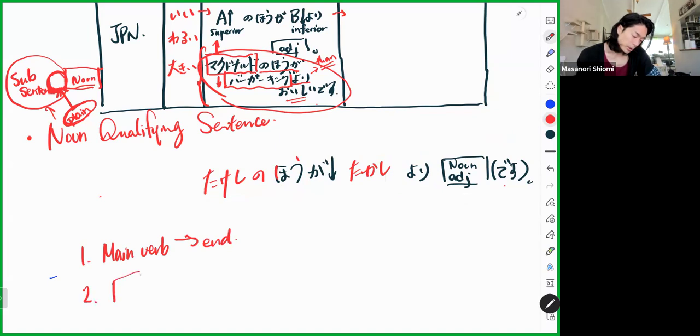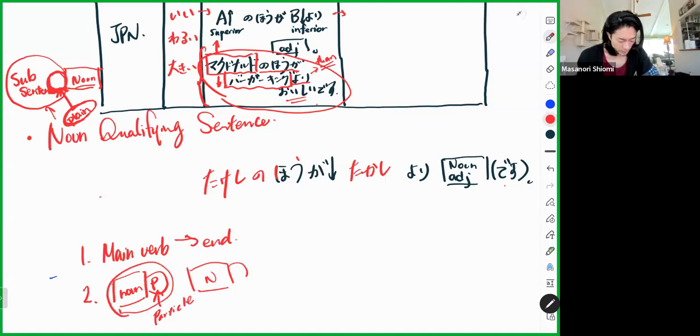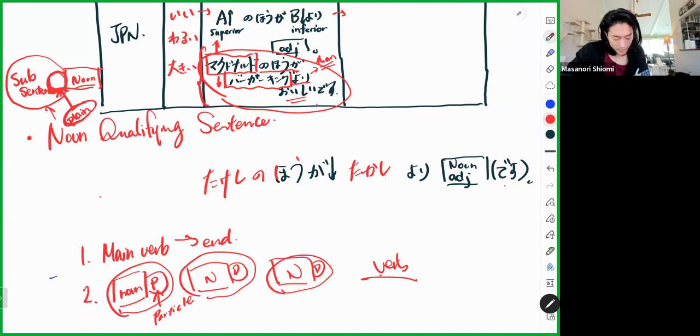Two, each noun comes together with an appropriate particle. Then we can shuffle whatever noun, particle comes with it, and the ending is whatever verb or adjective or noun, right? As long as we keep the correct particle for each noun and then verb or adjective at the end, then we can shuffle whatever way we want, right?